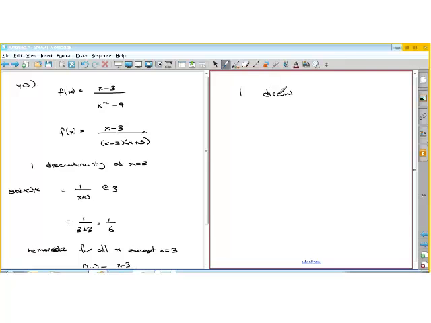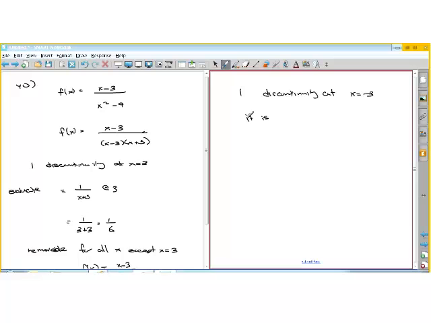And then we also have one discontinuity at x equals -3, and that makes this go to 0. But the numerator is non-zero. You'll have -3 minus 3, which is -6, and we have the same thing here, so this cancels out, and you get 1 over that.